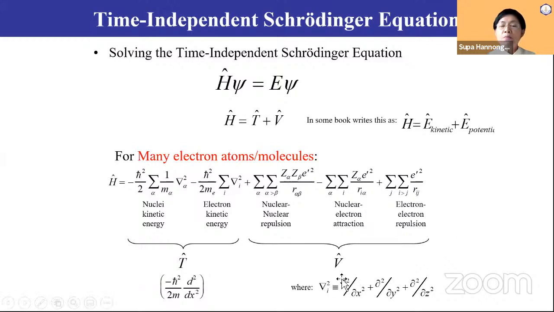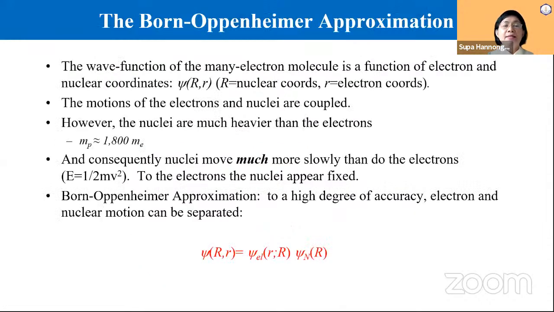This is the Laplacian operator, which represents the Cartesian coordinates, and it can be used in short notation. So that is how we consider the Hamiltonian operator. Now, the Born-Oppenheimer approximation also applies to the wave function.